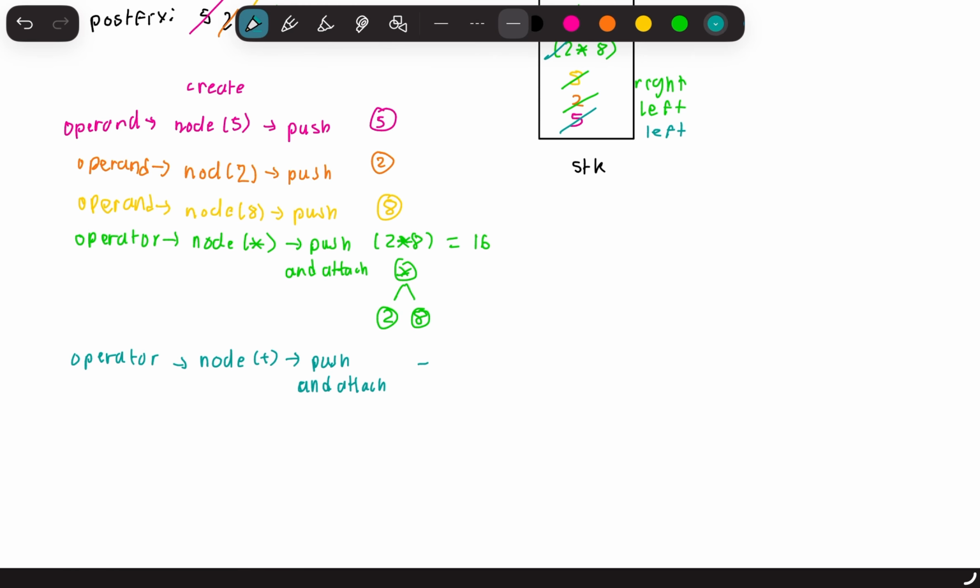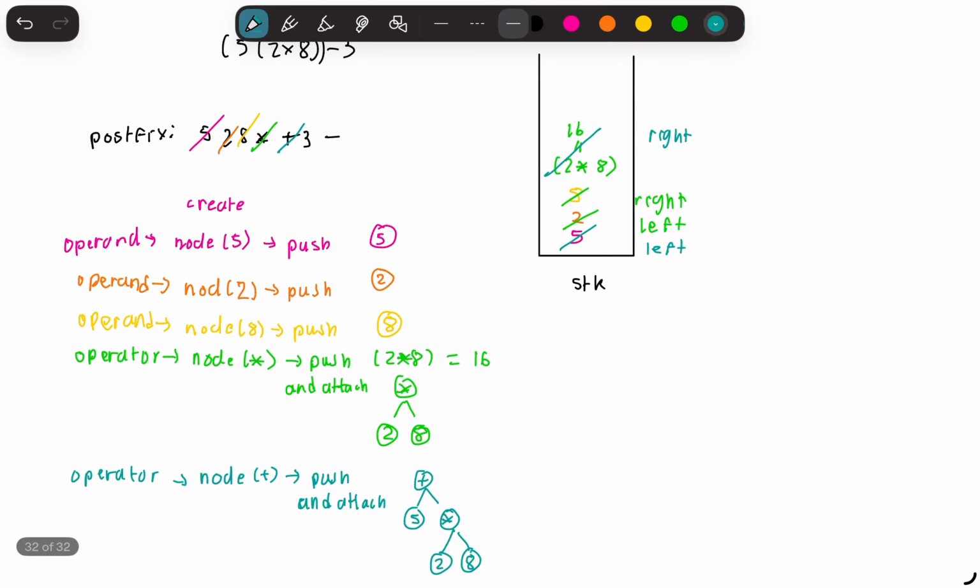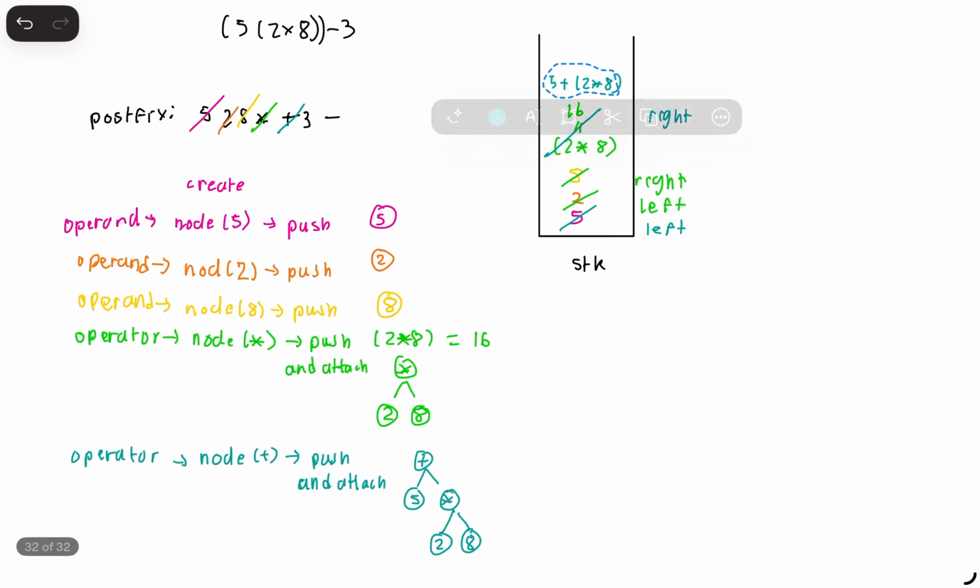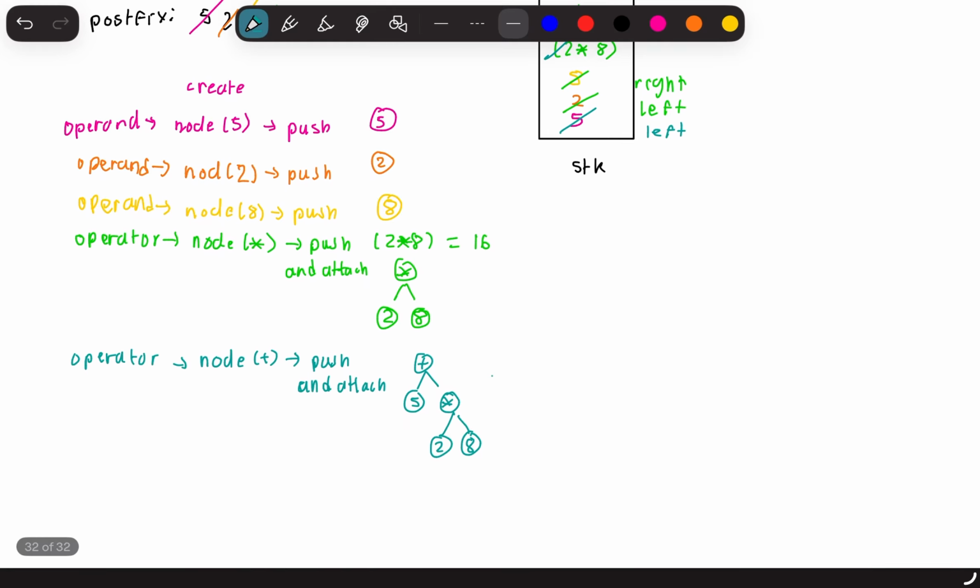You're going to have plus 5 times 2, 8. And now on your stack, we're going to add this, 5 plus 2 times 8, on top of here. So the expression for this was 5 plus 2 times 8, aka 16. If that makes things easier, it kind of does.